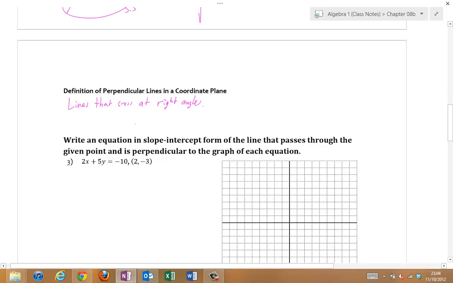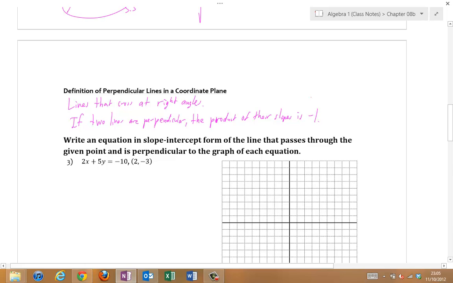Well, let's go back up to this definition. If two lines are perpendicular, the product of their slopes is -1.